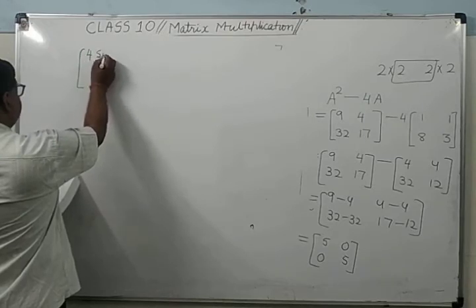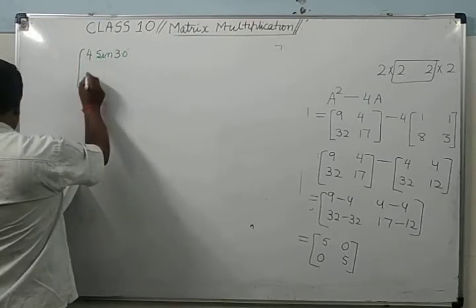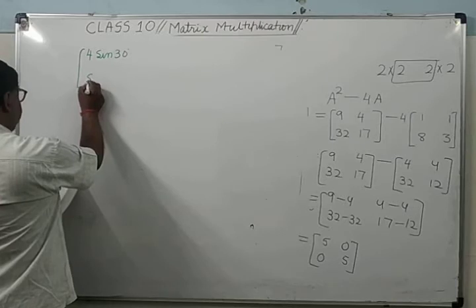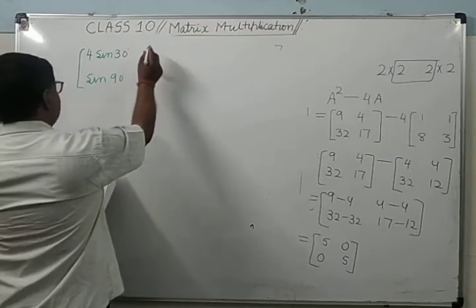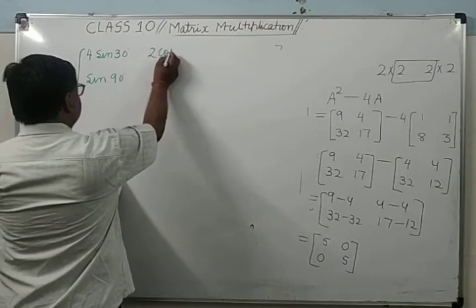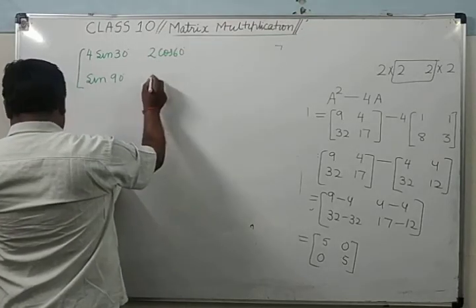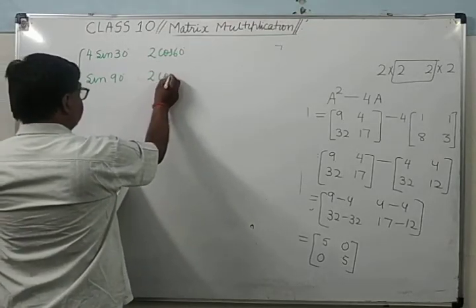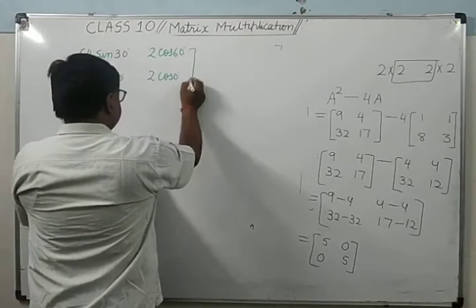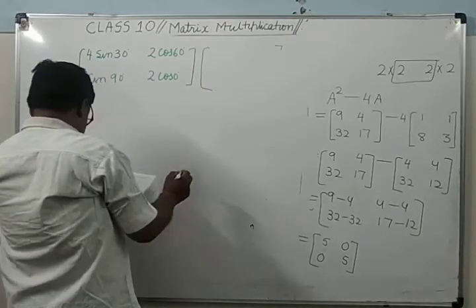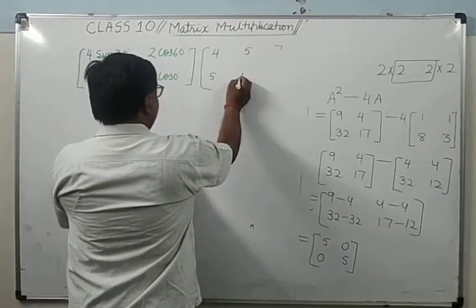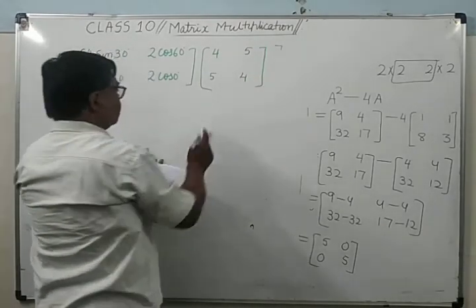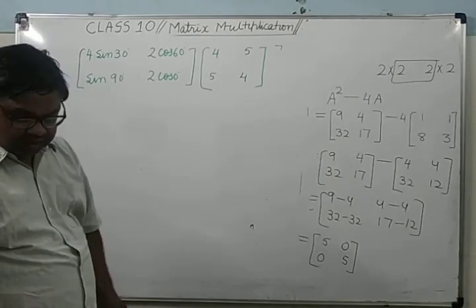The other matrix is [4, 5; 5, 4]. It is also done in the same way.